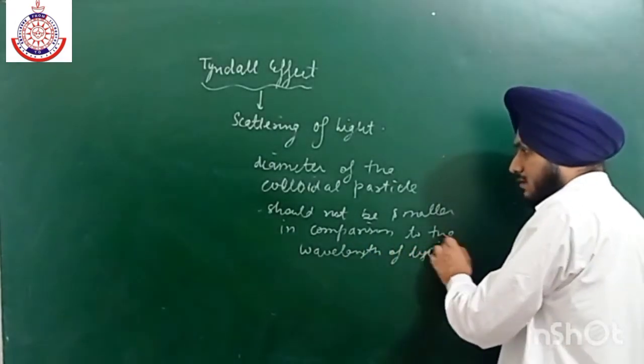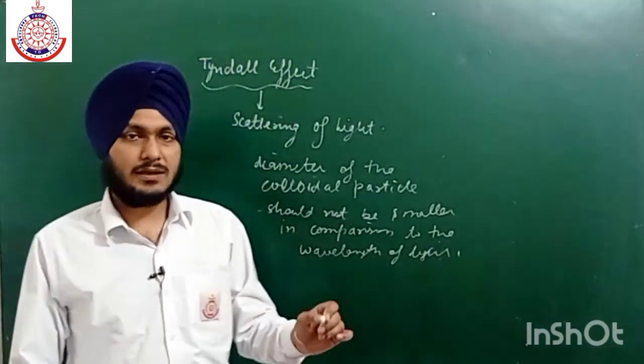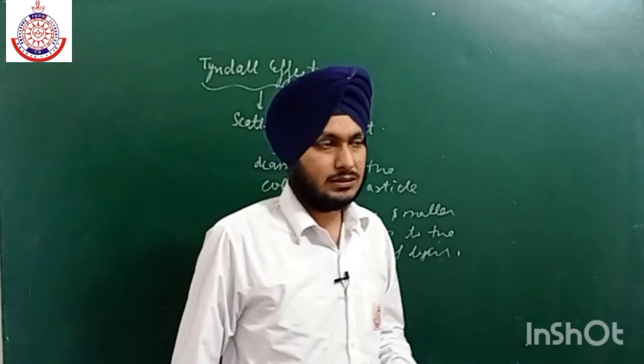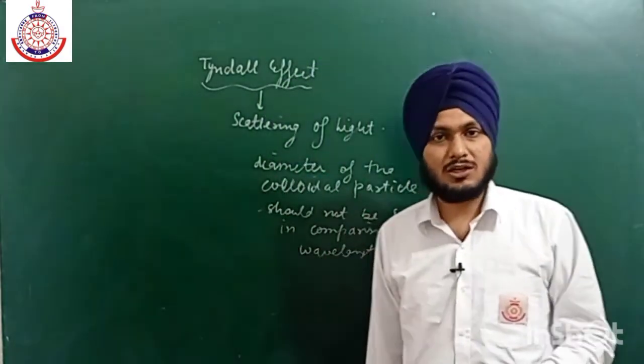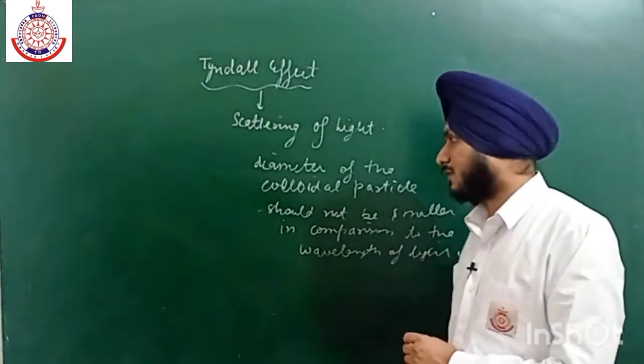So the wavelength of light and the diameter of the colloidal particle must be comparable. There should not be so much difference between the two things. Now this is the first condition.